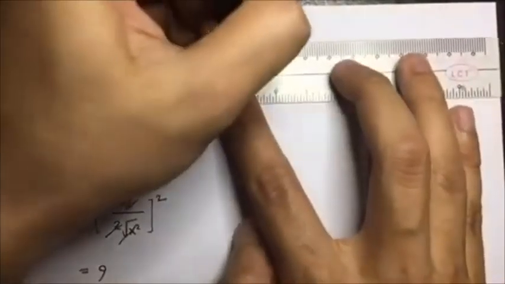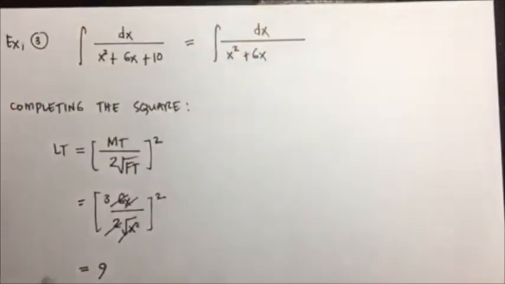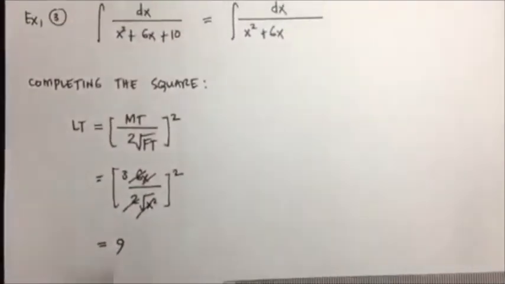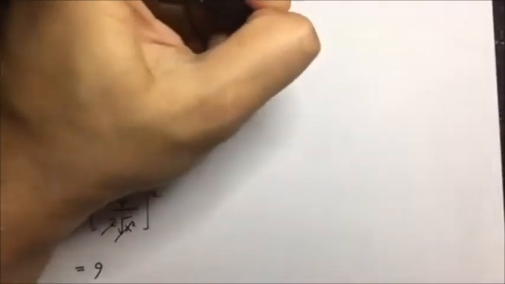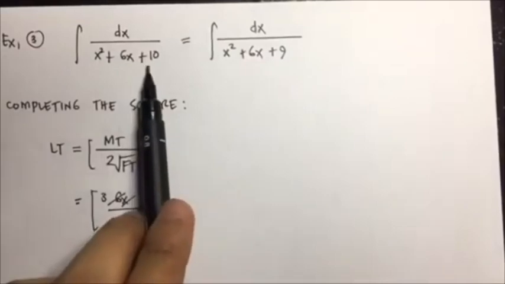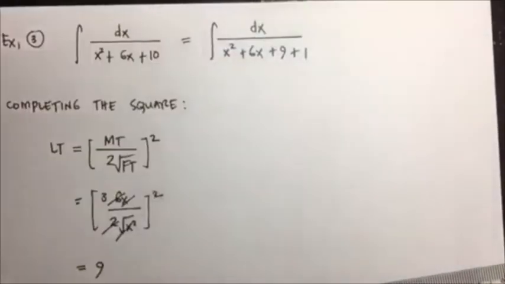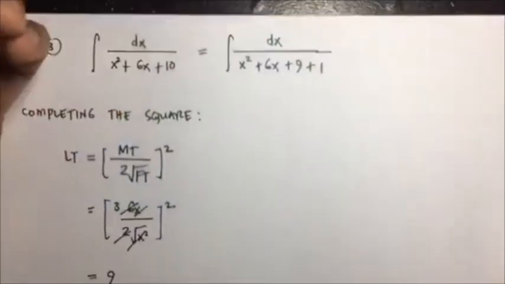This will now become the integral of dx over x squared plus 6x, and to complete the square, the last term should be 9, so plus 9. Originally it was 10, so we need to have plus 1 there.